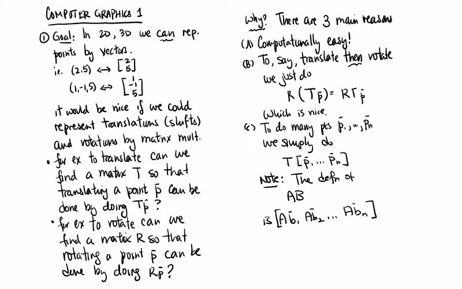So if you want to translate many points, you just put the points in a matrix and multiply by T. Basically we can handle all the points at once.